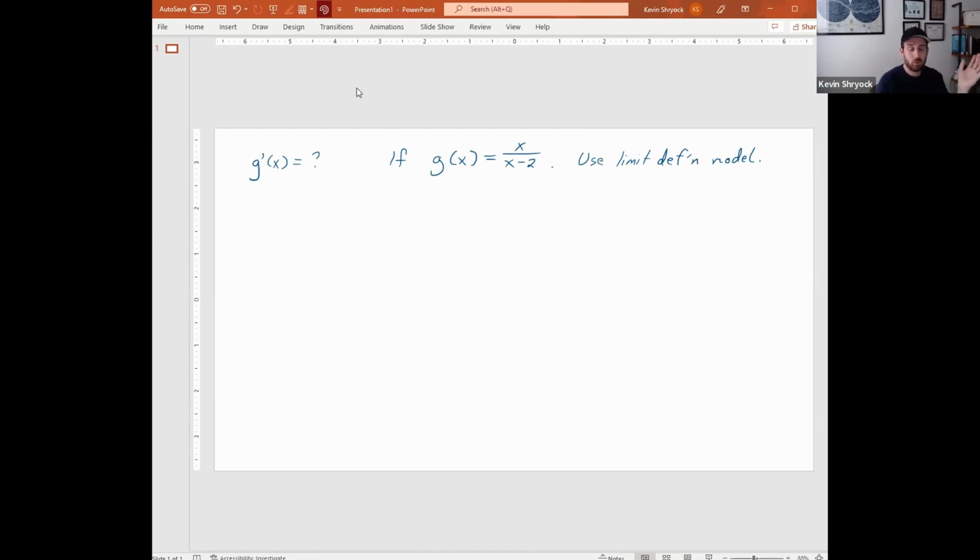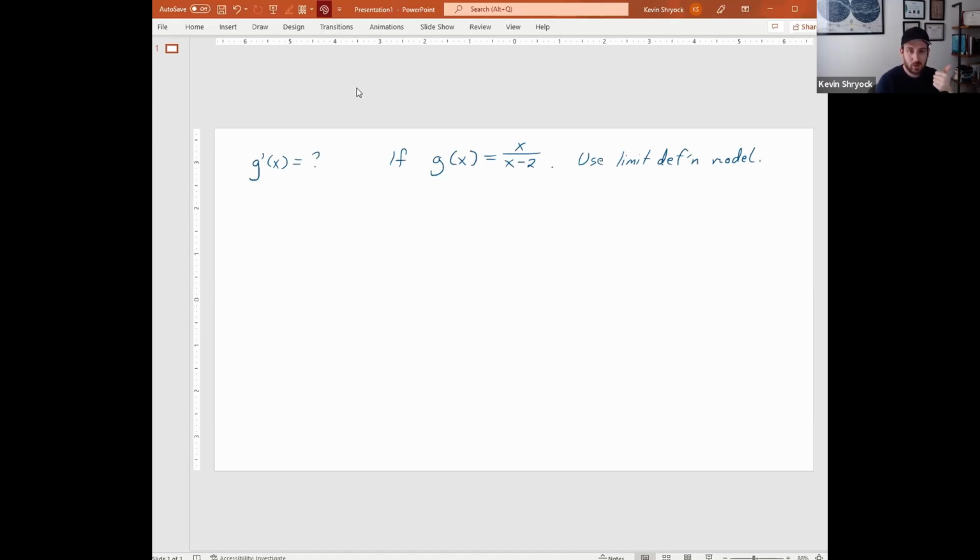Creative approach. You can use any of the tools we've talked about, so long as they are exact. If someone remembers it means tangent line, so they drew a sketch and guessed, I can credit that a little bit because you have some understanding, but that's not exact. We need one of the methods that gives us an exact answer.